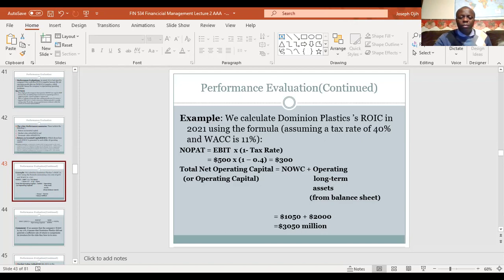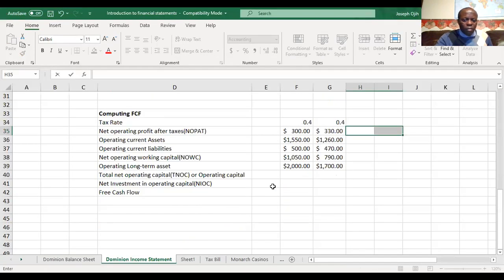Now, for our Dominion Plastics data, we have the net operating working capital as 1050 million, and the operating long-term assets is 2000 million.